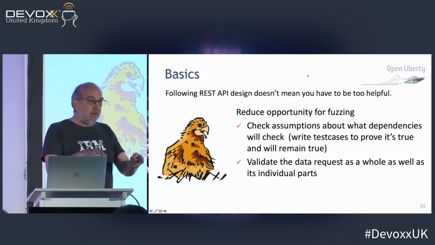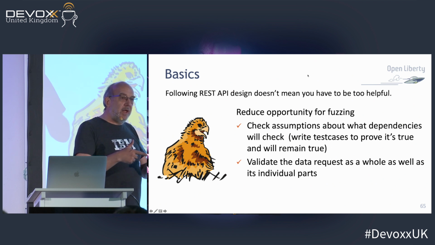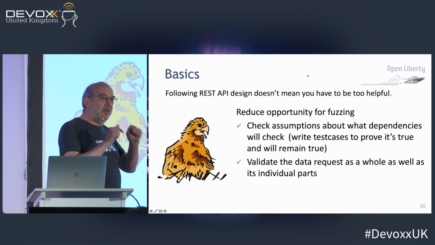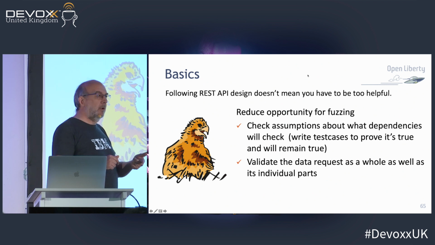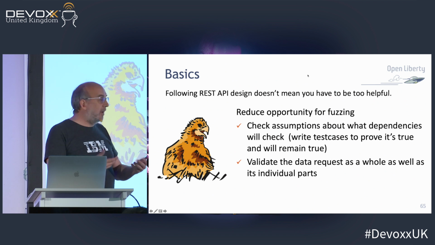Do you do that? Or do you rely on some dependency to do that? Whichever way it is, write some tests to prove that it behaves the way that you want and run them, because at some point it might fail. And that's all the bad guys are looking for. They're not looking for you to change your design deliberately, they're looking for mistakes to get in.